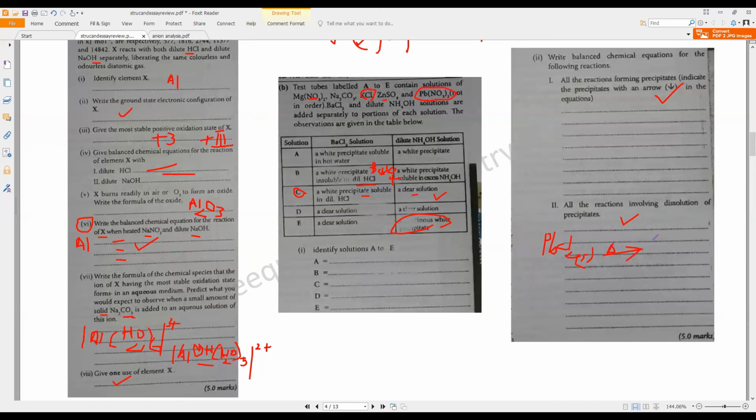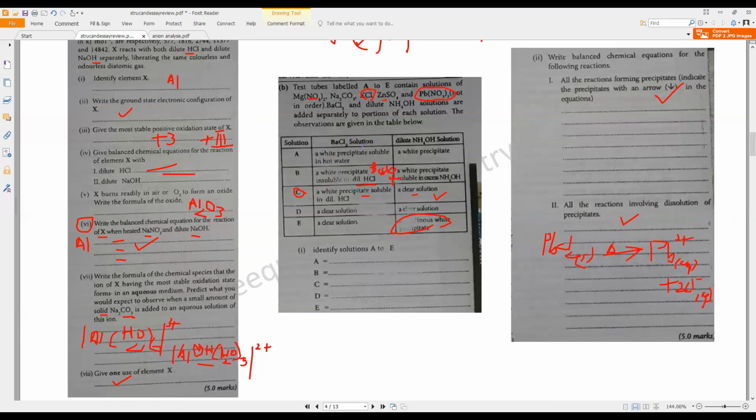And when you heat, what normally happens is it dissociates into its ions. So basically Pb2+ aqueous and 2Cl- aqueous. Here this is solid, aqueous, aqueous. So this is how you can explain the dissolution of the precipitate.